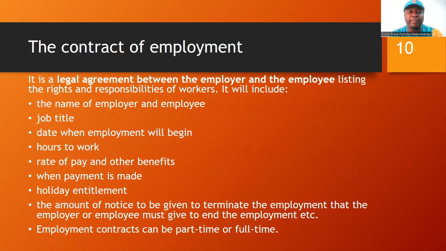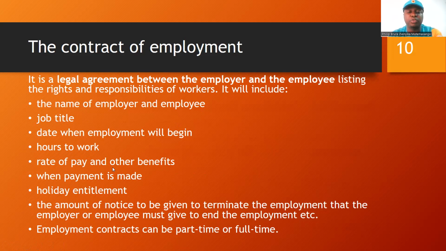And it normally includes the following: the name of employer and employee, the job title, the date when employment will begin, the hours to work, the rate of pay and other benefits, when payment is made, holiday entitlement, the amount of notice that the employer or employee must give to end the employment, etc.